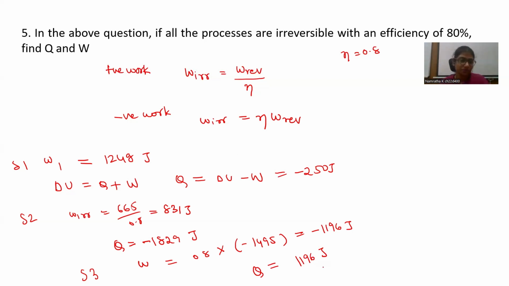So for the entire cycle, if we sum up the heats, then you will have Q is equal to minus 883 joules. And work is 883 joules.